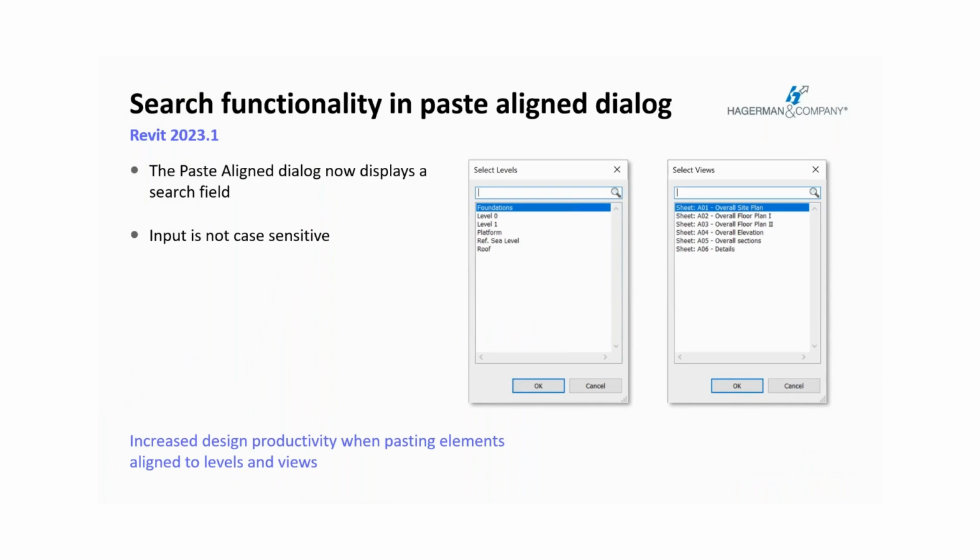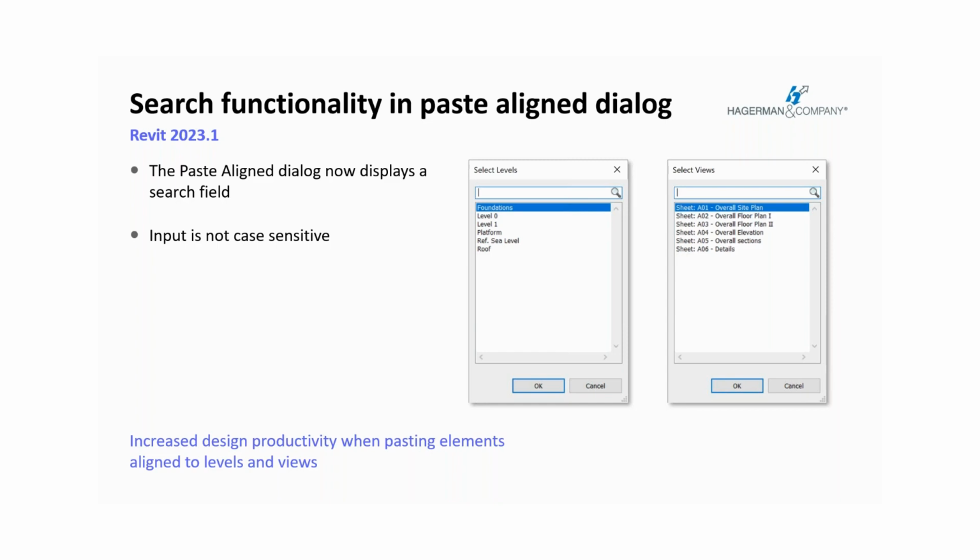A new search functionality has been included with paste dialogues. This might seem like a small improvement, but on a typical project, you could have dozens of levels or hundreds of views to sort through. I believe this will be a big time saver in the long run.